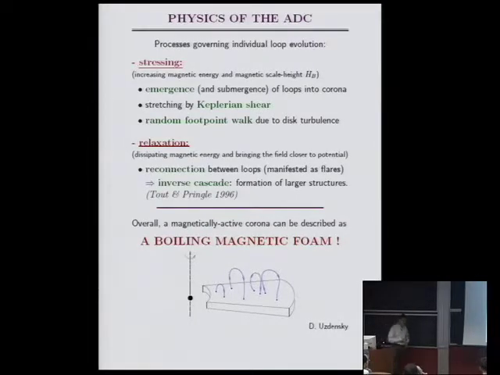First of all, it's the way the corona magnetically interacts with the disk on small scales. That is, the primary reason for the existence of the corona is flux emergence. So we have to somehow include the emergence of small loops and submergence of small loops back into the disk that occur on scales comparable with the disk thickness.